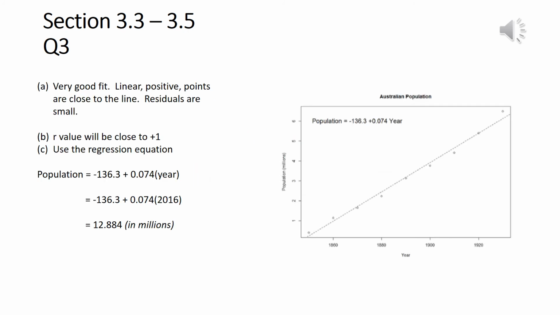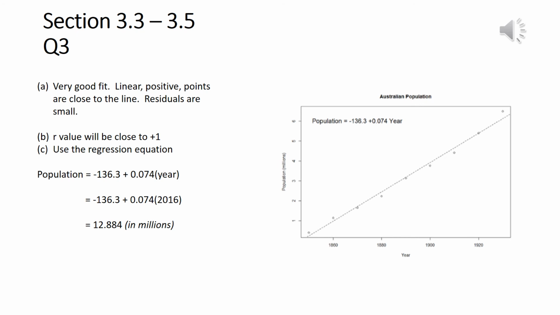In question 3, there was a data set with the years from 1850 to 1930 and the associated Australian population size. When we look at the graph of this data, we can see that obviously it's a very good fit. It's linear, it's positive. The points do not fall very far from the line, so it's a close fit.